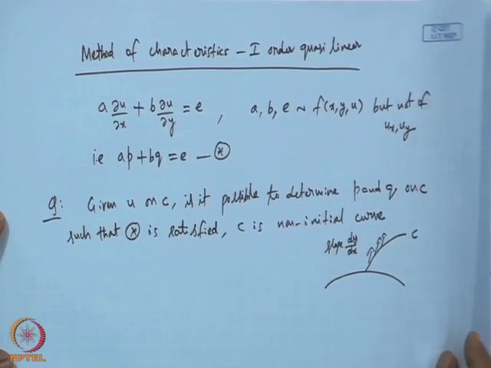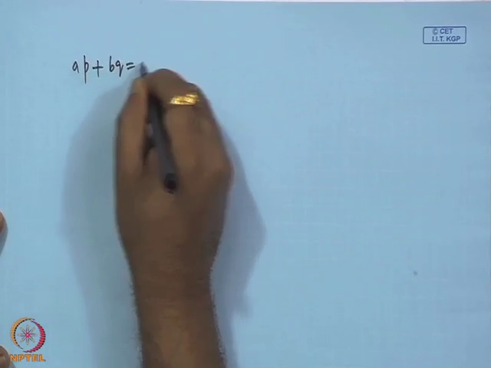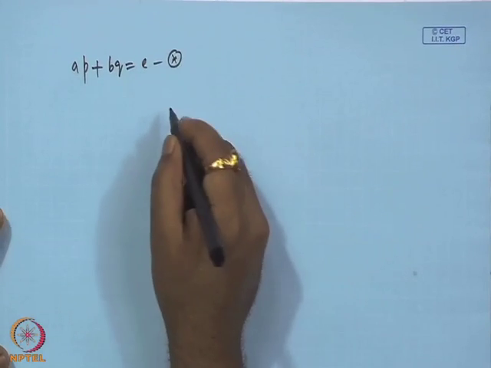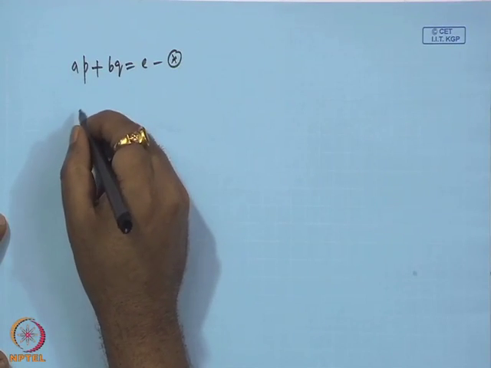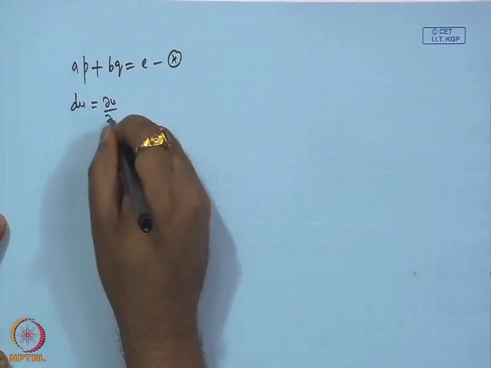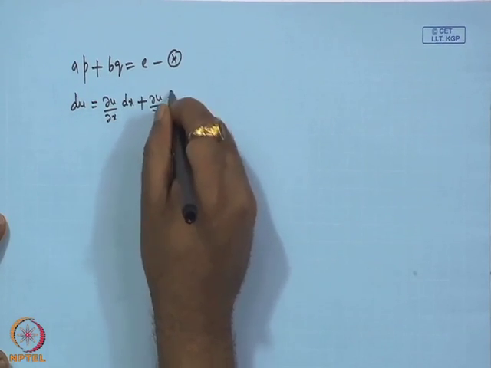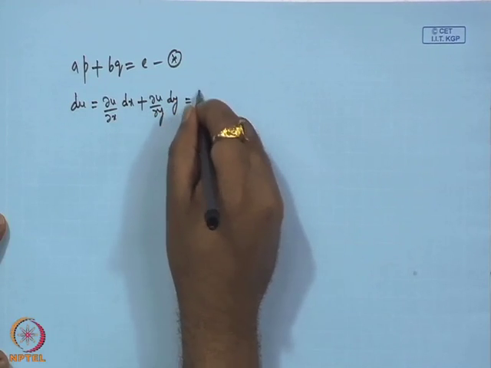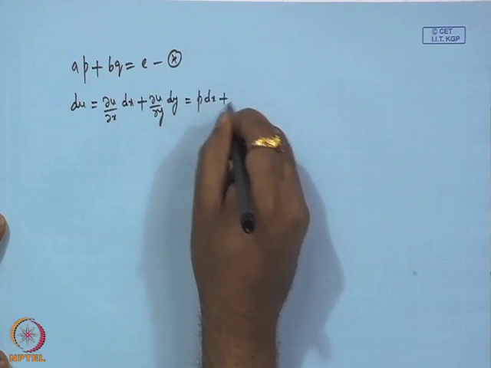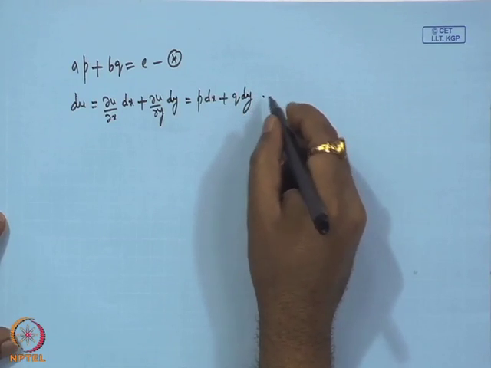So, we have the following scenario: A p plus B q equals E, then du is p dx plus q dy.